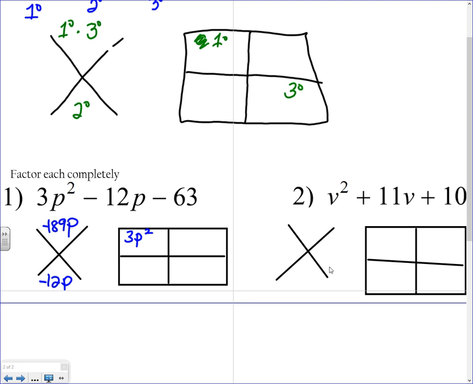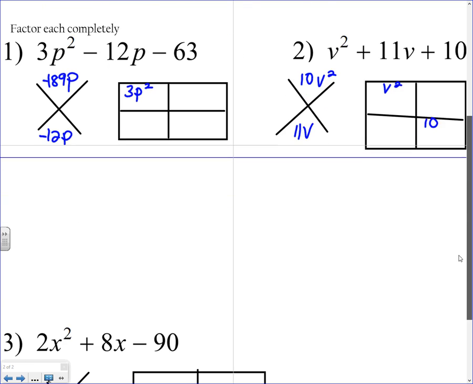Right here, same idea. Multiply the first times the third. You're going to have 10b squared. Second term goes in here. This will be 11b. I don't need the plus, only the negatives. First term will be b squared. And my third term will be number 10.